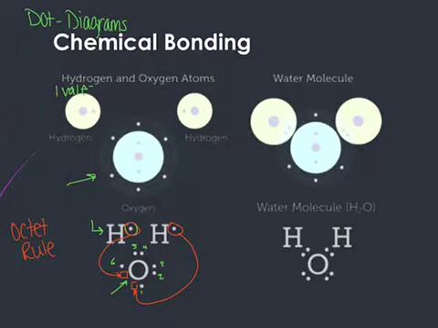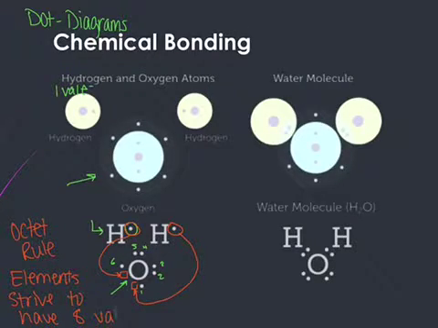And the octet rule says that elements strive to have 8 valence electrons. The exceptions are hydrogen and helium.